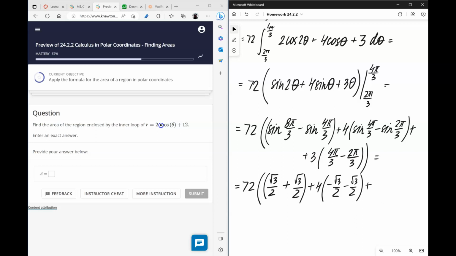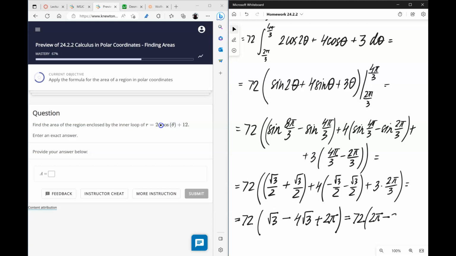Plus 3 times 2 pi over 3. And we're almost there. So we have root 3 minus 4 root 3 plus 2 pi. So 72 times 2 pi minus 3 root 3.